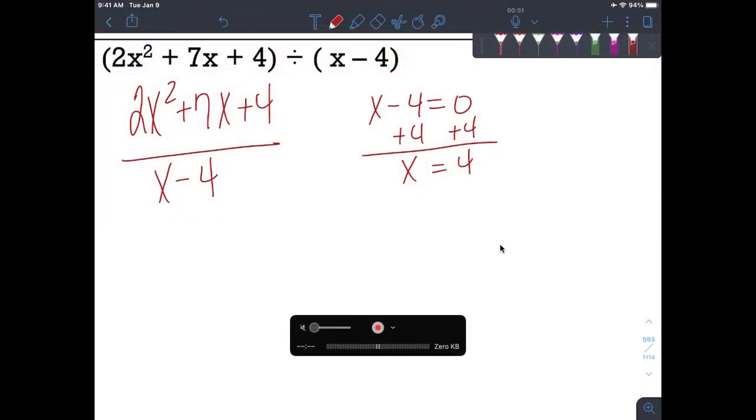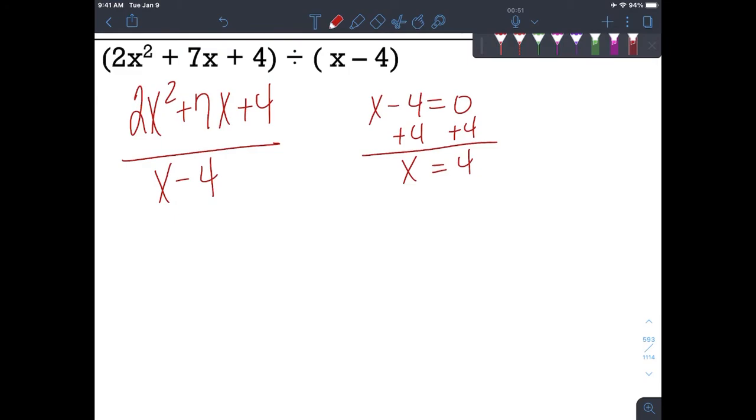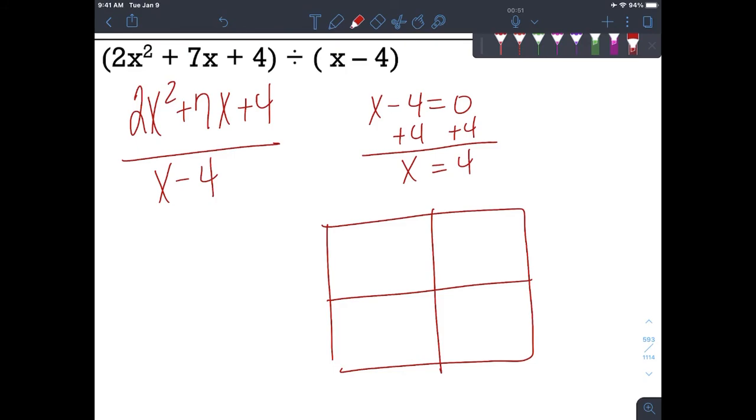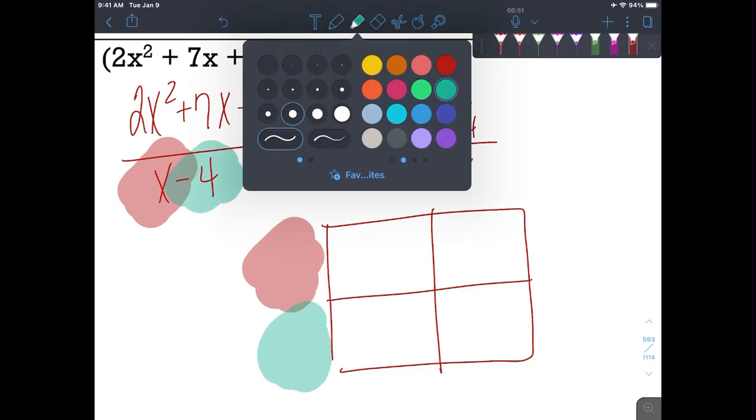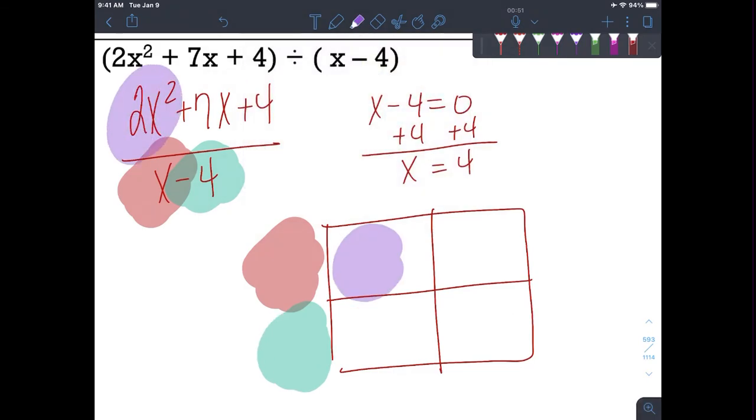Let's prove it numerically. So I'm going to go ahead and get started by drawing in my box. This guy over here. This guy down here. And of course, first term in there. All right. So I'll go ahead and write those in. Okay.